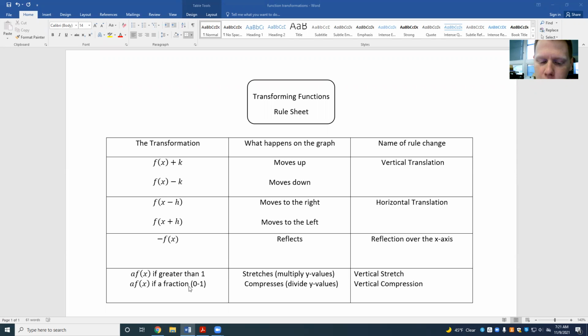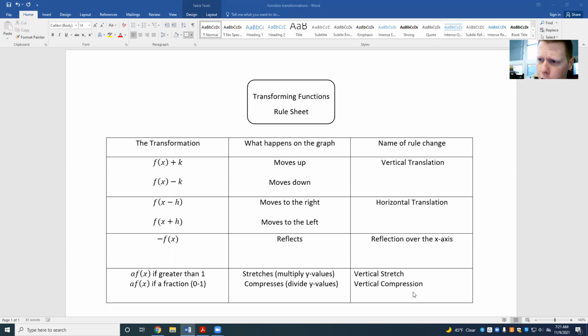If your a value is a fraction between 0 and 1, like 1/2, 1/3, 1/4, 1/5, 1/6, you divide your y values. If it's 1/2, you divide your y values by 2. If it's 1/3, you divide your y values by 3. And that's called a vertical compression.